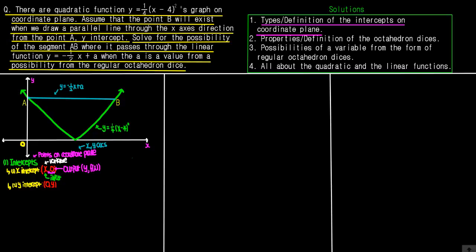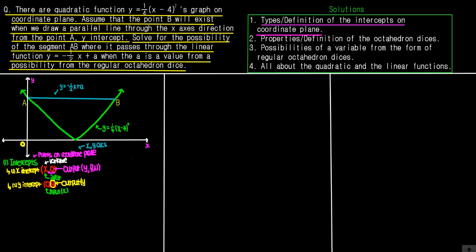The x value is the input value, and the y-intercept is when the input x value always equals 0. The output of our function, which we call y or f of x, will exist.